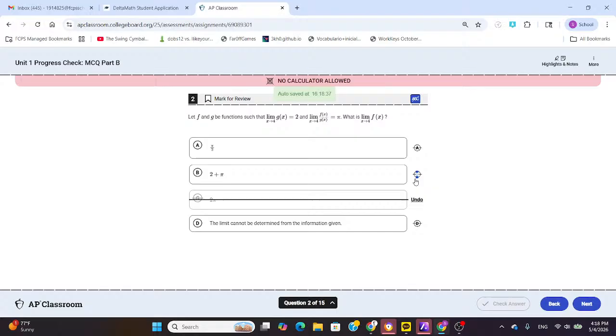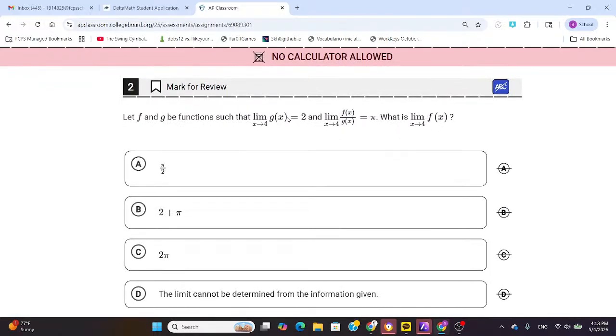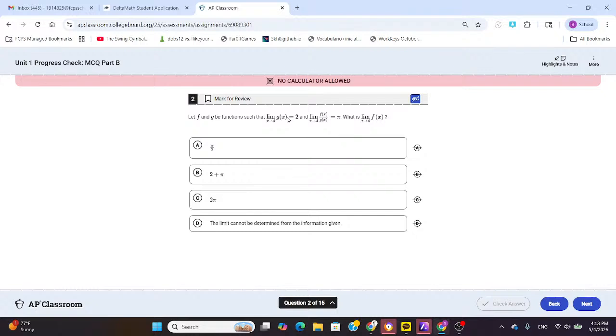Let me try to explain it. When x approaches 4, g of x equals 2, and this limit is also approaching 4. So if g of x is on the bottom, we can replace g of x with 2. Then it's just what is on top that, when you divide it by 2, equals pi.